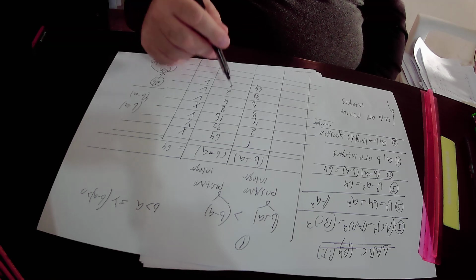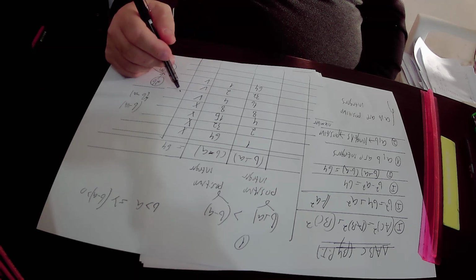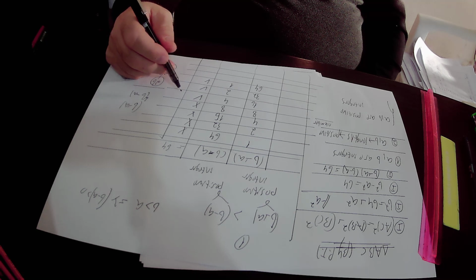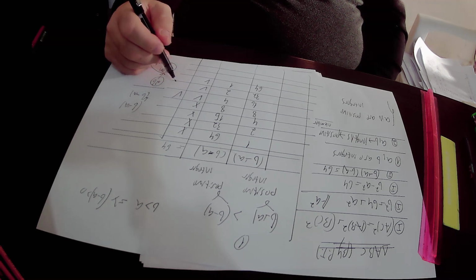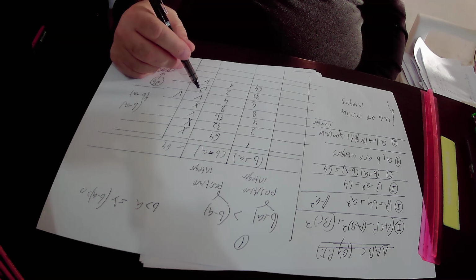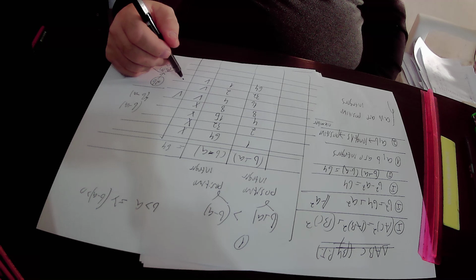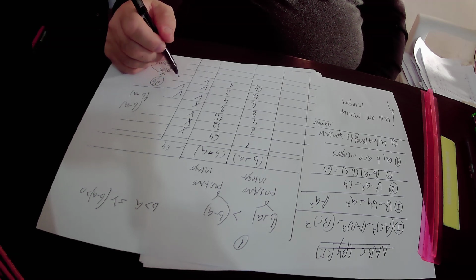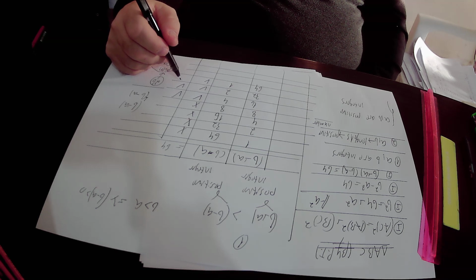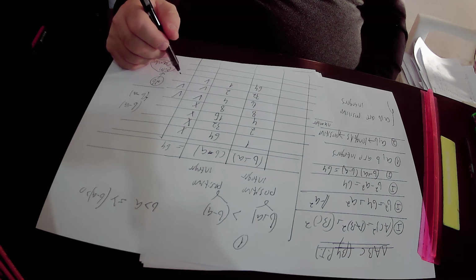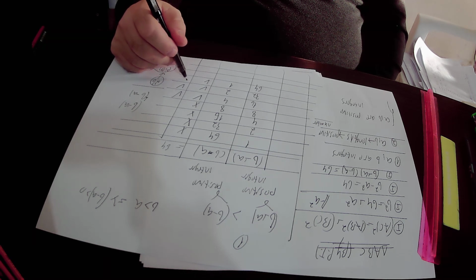So here 16 plus 4 is 20, and 20 is an even number, so it is a good option. 32 plus 2 is 34. 34 is also an even number, so it is also a good option. And finally, 64 plus 1 is 65. 65 is not an even number, so we cancel this option.